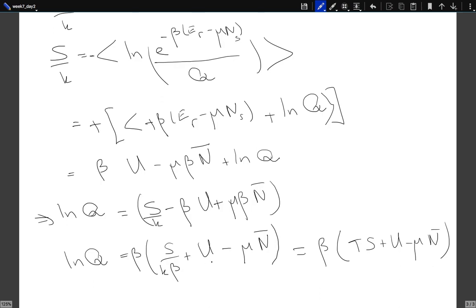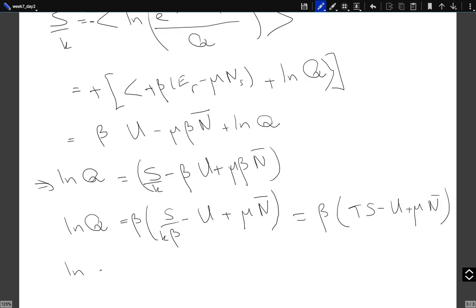Okay, let me correct the signs. This is plus, this is minus I have over here. This is plus, this is minus. This is plus, or the logarithm of Q is equal to minus beta (U minus TS minus mu N).